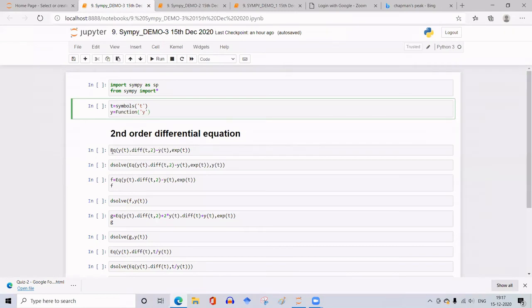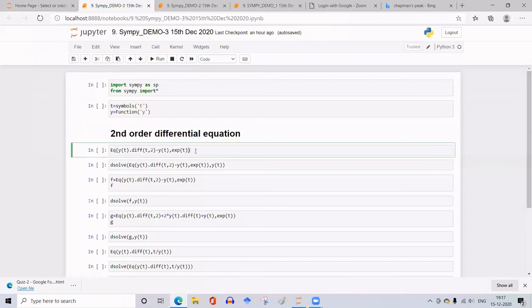Next, a second order differential equation is given here. It is an equation which is within this bracket. So this and this forms the outermost bracket. Within that, I have y of t, dot, differentiate y of t with respect to t 2 times.